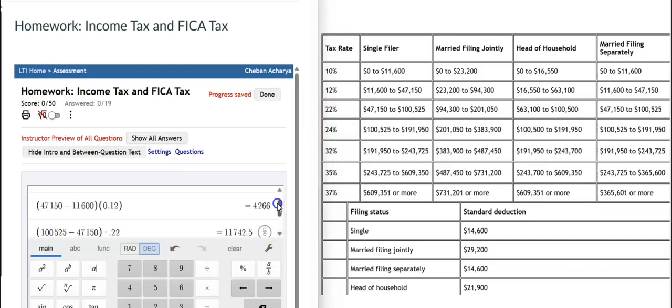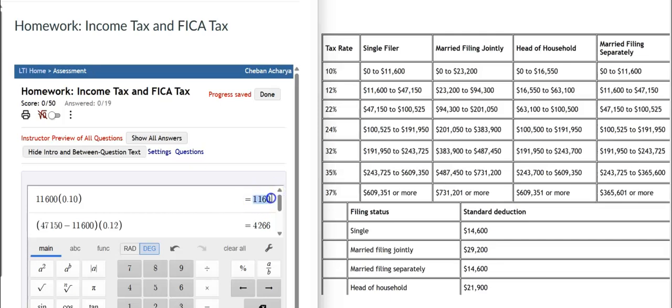So he has 1,160 from 10%, from 12% 4,266, from 22% he has $11,742.50, and from 24% he has $2,394. If you add all these numbers, you get the final income taxes.